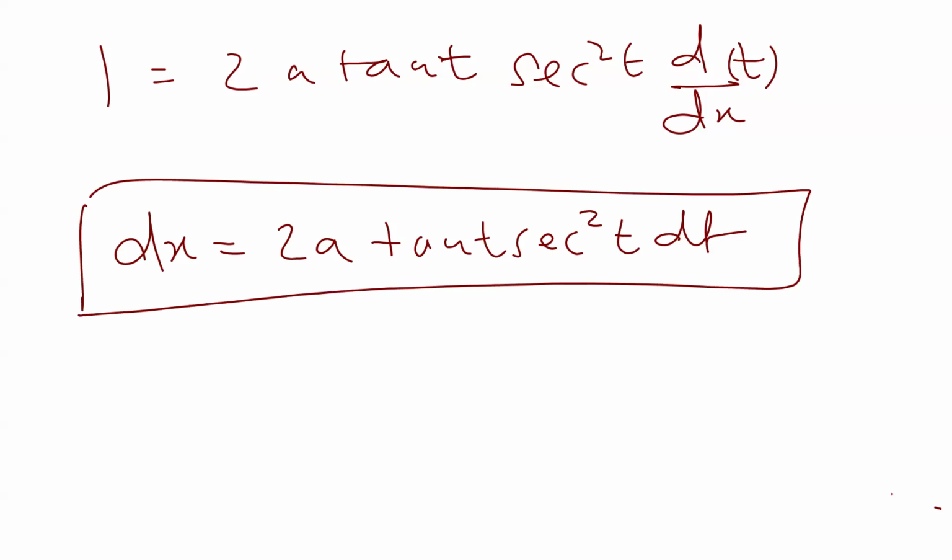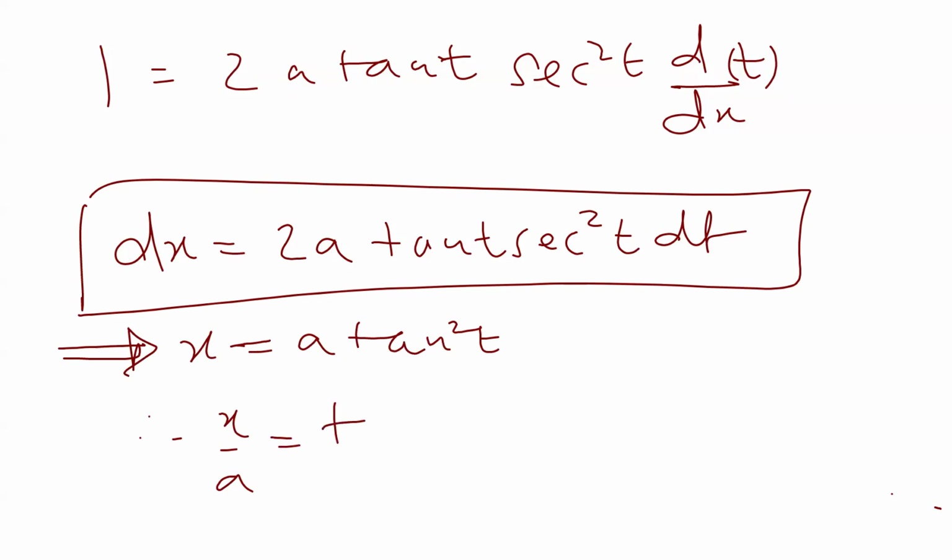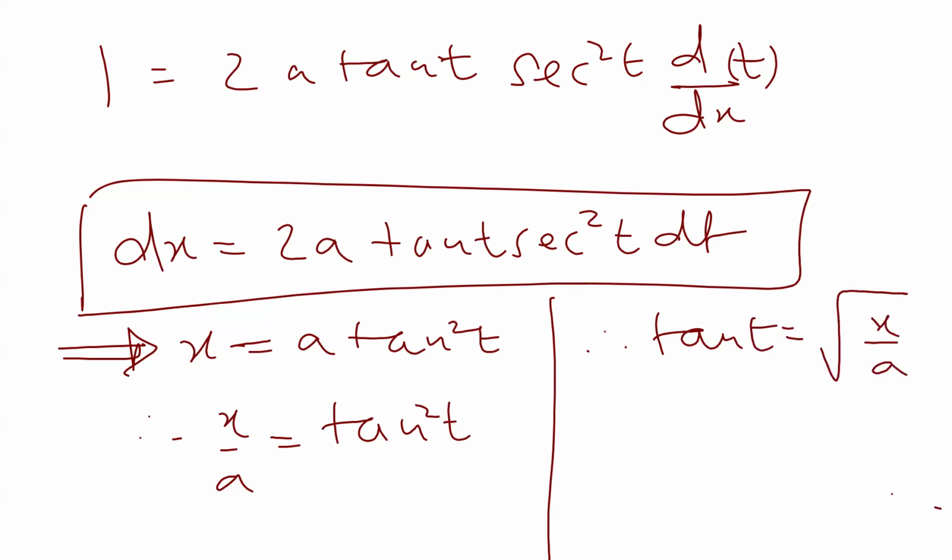Now changing the limits, x is equal to a tan square t. Therefore, x upon a is equal to tan square t. Therefore, tan t is equal to root of x upon a. So t is equal to tan inverse of root of x upon a.